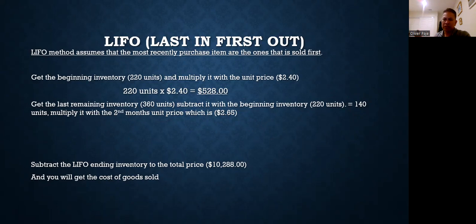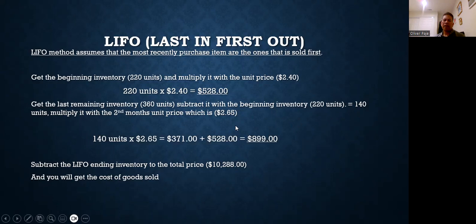So you get the first units purchased, and then multiply it with 2.4, the unit price. And then the second step is to get the total last 3 months remaining, which is 360 less 20 units, you will get 140.